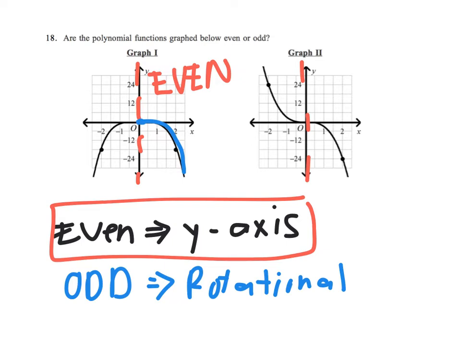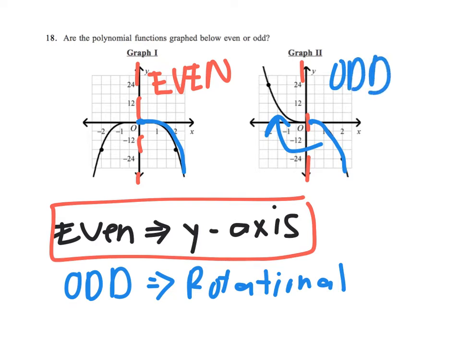The only thing is when I turn this graph, the whole thing follows with it. So when I turn that one, it's never going to end up on itself. My next one, if I turn this, it'll end up on itself. So I would say this one is odd.